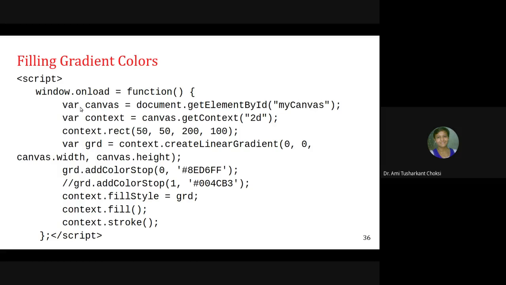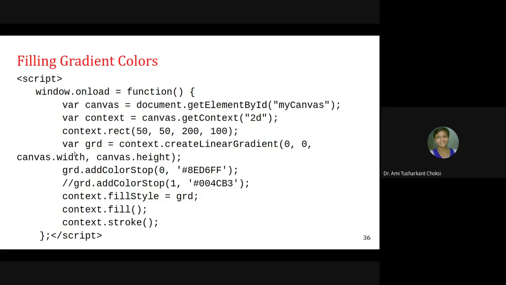Fine. So for that, we are initializing canvas, we are initializing context, we are drawing the rectangle, that is context dot rect 50, 50 as x, y, and we are specifying whatever is the width and whatever is the height.